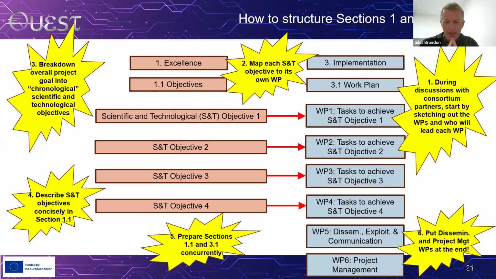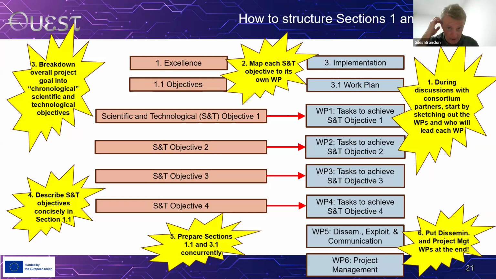What I'm trying to convey in this rather garish slide is my preferred approach to structuring the proposal. In this figure, you'll see two columns. There's one column at the top where it says excellence, and below it objectives, and then this series of scientific and technological objectives.